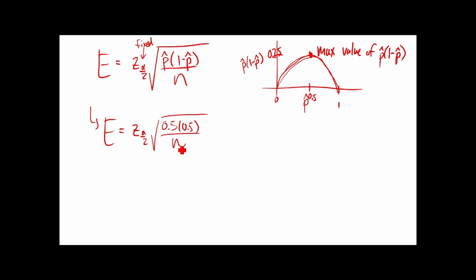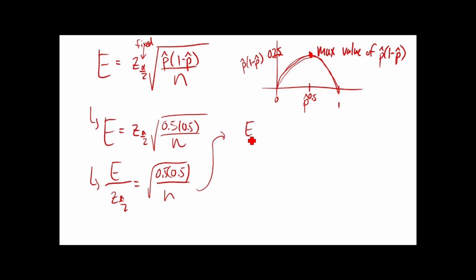So you have what do you have? You would divide by z alpha over 2. If I'm trying to solve for n, what would I do next? I could square both sides, right? So then you'd end up with your error over z alpha over 2 squared equals, well, 0.5 times 0.5 is just 0.25 over n.